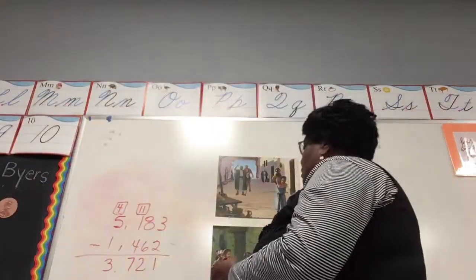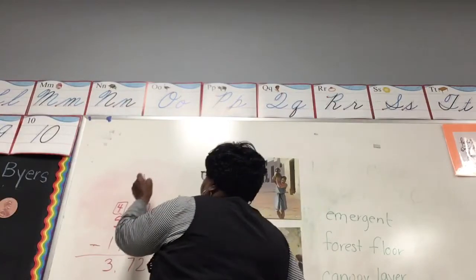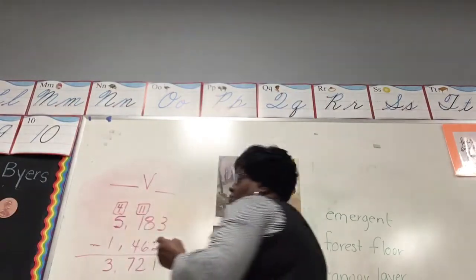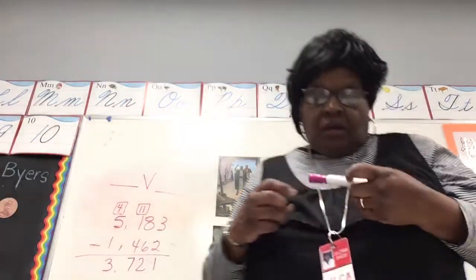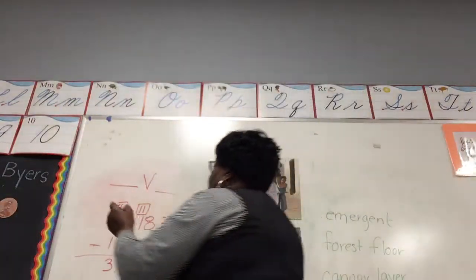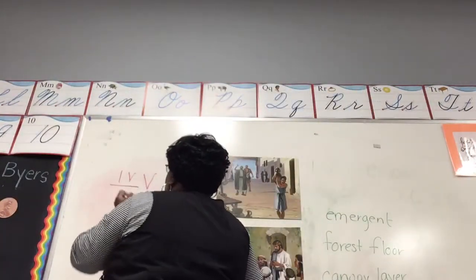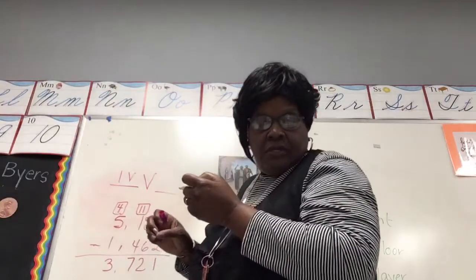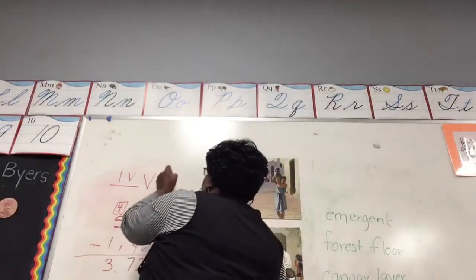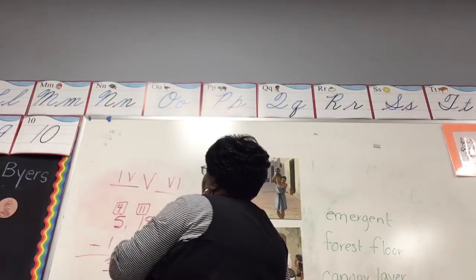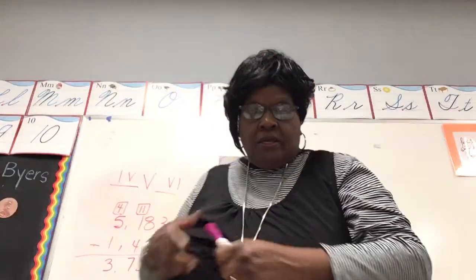I will do one. It says 5. Which one would come before 5? 4. When you're counting, which one would come after 5? 6. Okay.